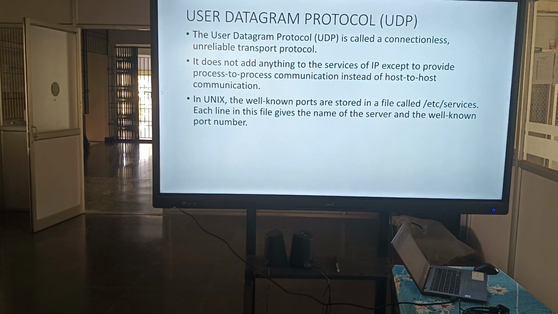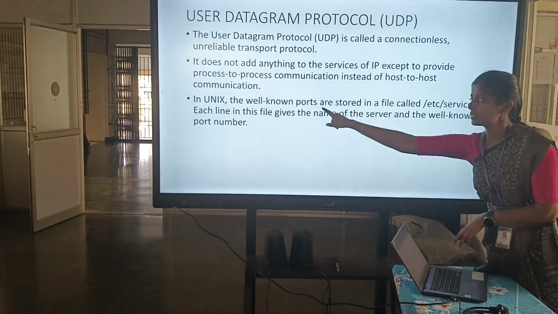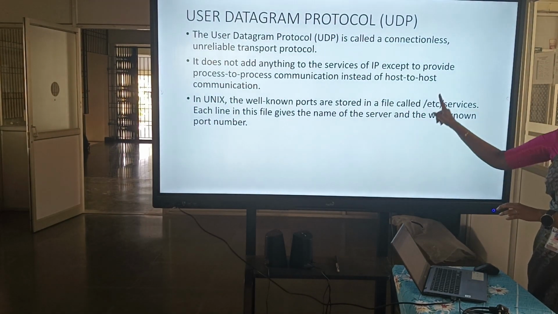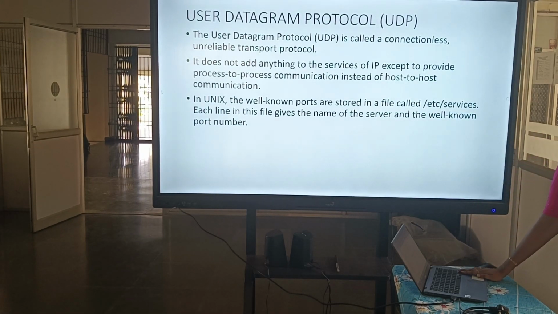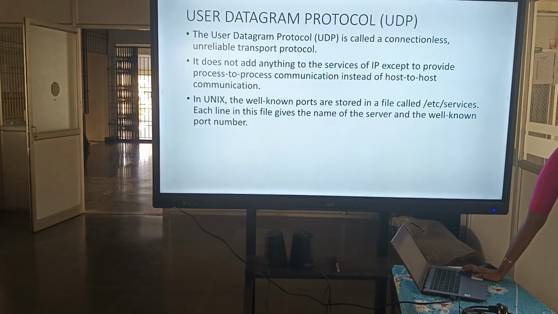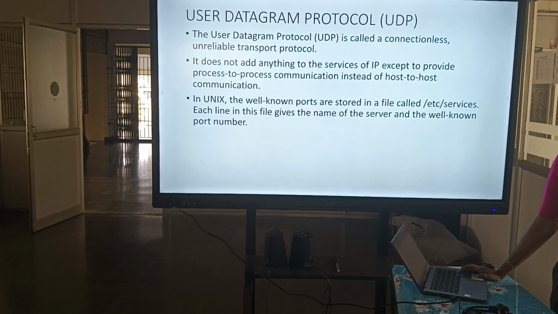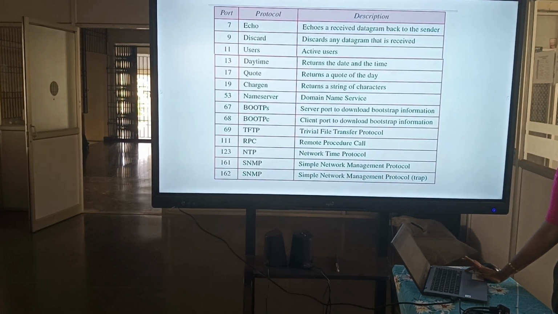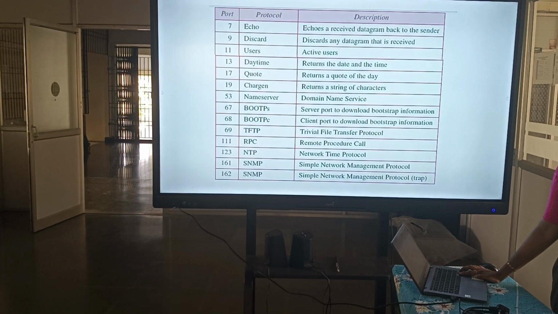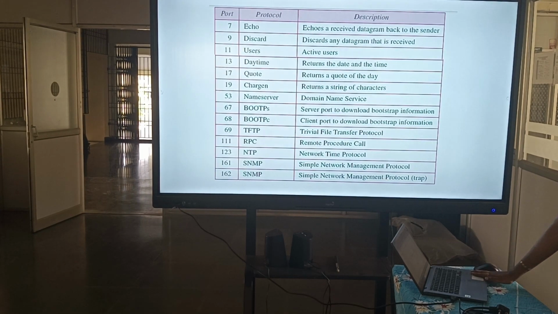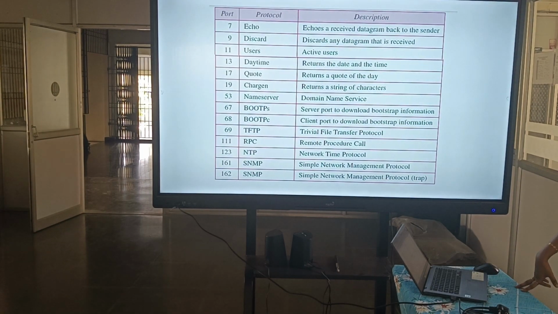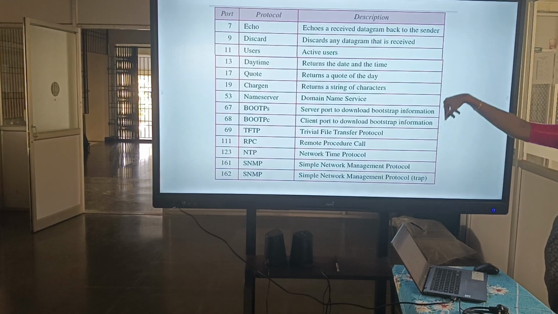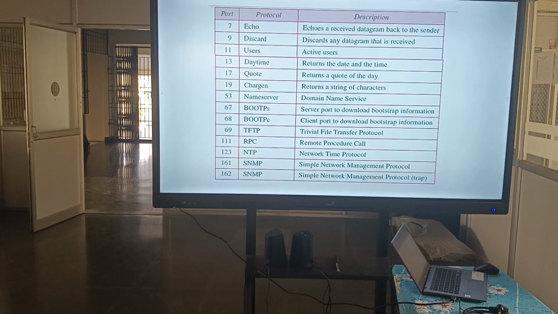See in Unix, your well-known ports are stored in a file. When you give the command, you can get your well-known ports in Unix in /etc/services. These are some of your well-known ports, with the port number, their protocol and description.